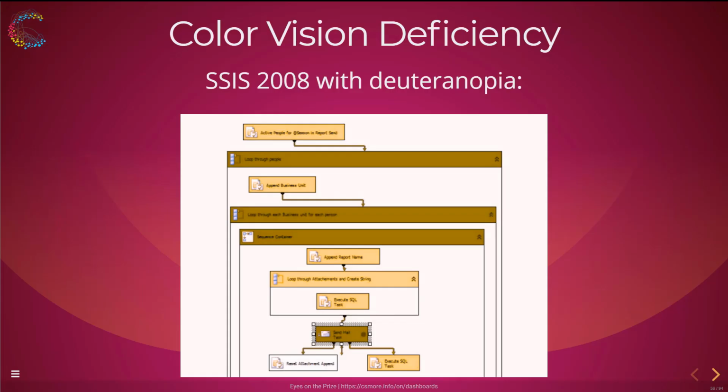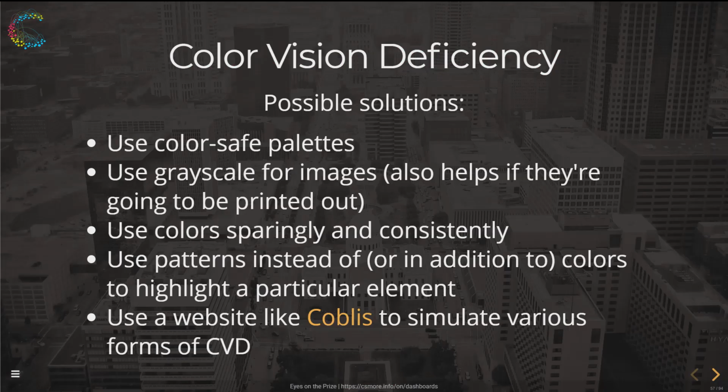In the Integration Services case, what they did in 2012 was to make it so that nobody could tell when something failed because they removed all color and had a little tiny icon that showed failure, and that was it. That's also probably not the best solution. Use color-safe palettes, though. There are color vision deficiency safe sets of colors that will guarantee no matter what sort of color vision deficiency you have, including if you're monochromatic, meaning you can only see black, white, and gray scale, then these colors will still be safe.